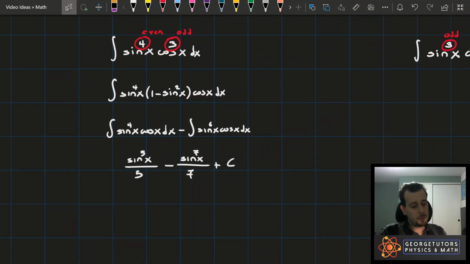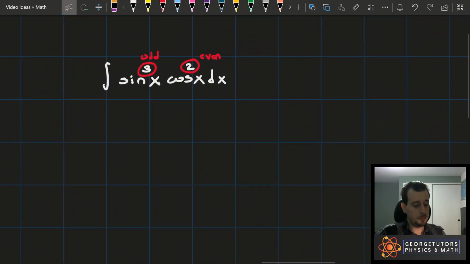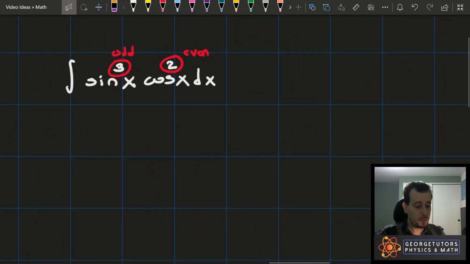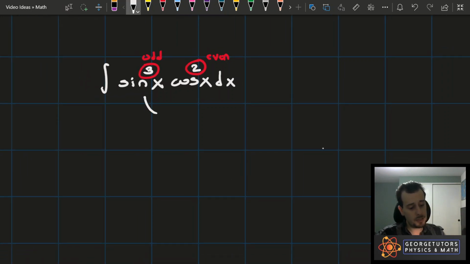So, the third integral over here that I want us to take a look at is, again, similar, where now I have an odd power for sine and an even power for cosine. Once again, it seems like I should go this direction and break this sine down because I can remain with a single power of sine, which is one of the formats I have that I know how to solve.